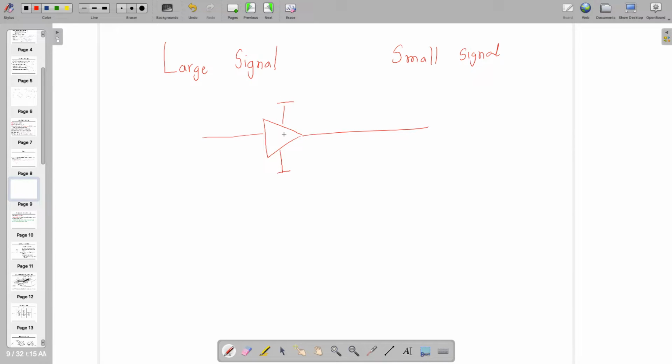So this is an amplifier with 15 volt and minus 15 volt supplies. Let's assume the gain is 100. If I apply 5 volt input, what is the output? 15. Okay, so 15 volt output because it is saturated, and 5 volt input is a large signal.